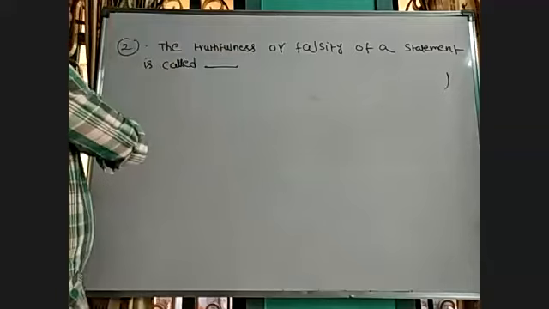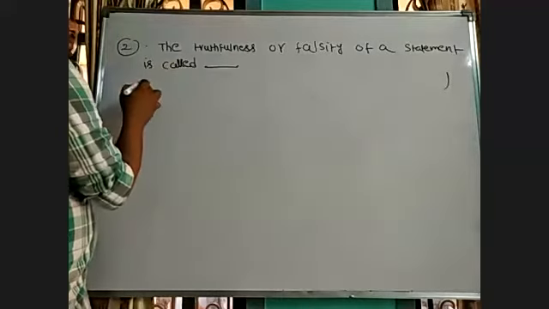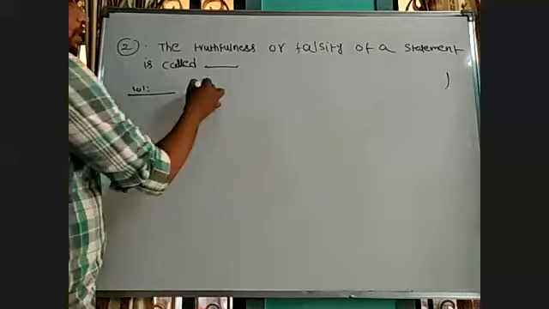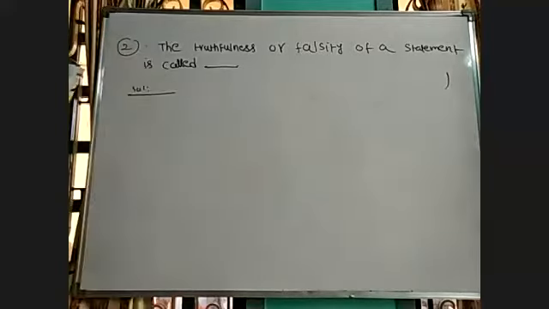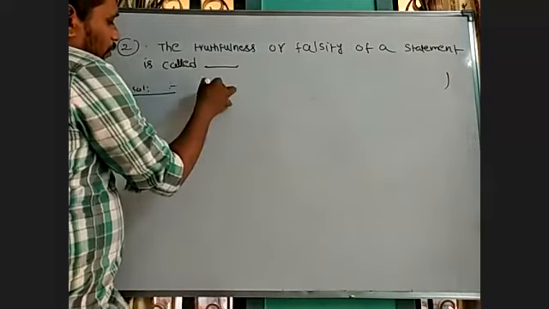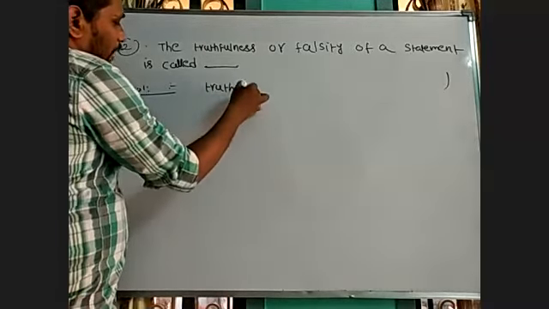The truthfulness or falsity of a statement is called what more? These are the options they give: negation, converse, inverse, and truth value.